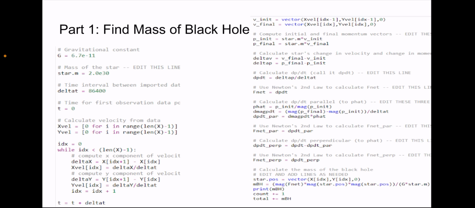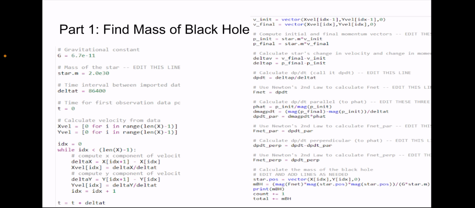And to find d mag p dt, we take the magnitude of the final momentum minus the magnitude of the initial momentum and divide by the change in time. And the dp dt parallel is equal to the two variables that we calculated before multiplied by each other, and F net parallel is equal to the dp dt parallel.